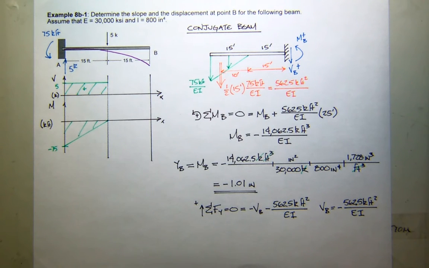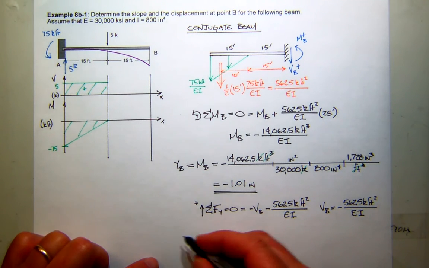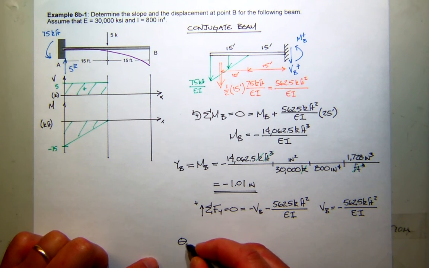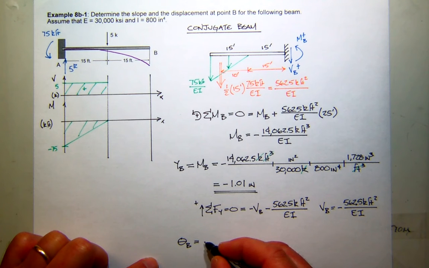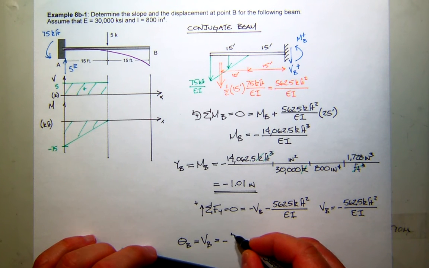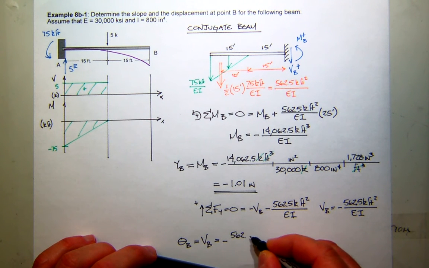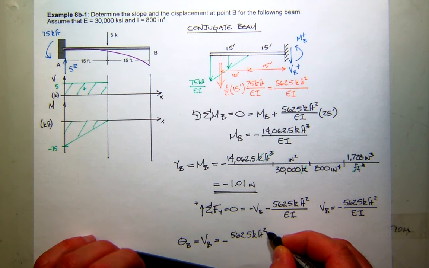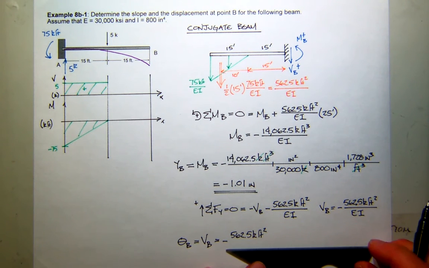So that seems to match too. So therefore the slope at B is really given by the shear at B, which is this value, negative 562.5 kip feet squared.